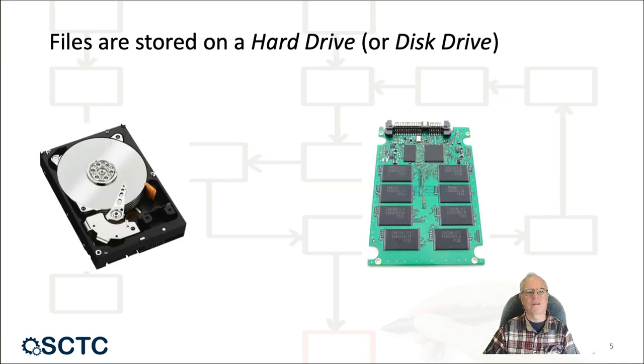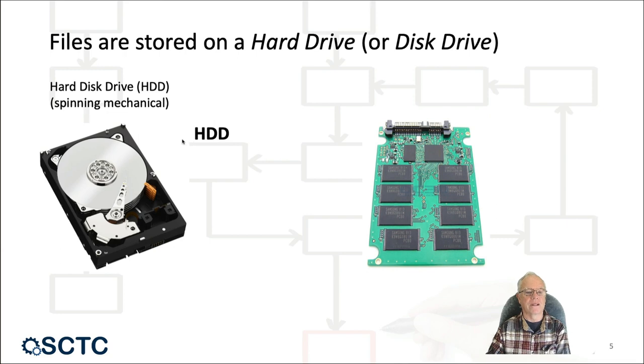So first of all, files are stored physically on a hard drive, or sometimes we call it a disk drive. And it's internal to your machine, whether it's a desk side, a desktop, or a laptop. Inside there is some kind of hard drive. On the left here, we have the traditional hard disk drive, or HDD. This is a spinning mechanical drive, and it's been around for a long time.